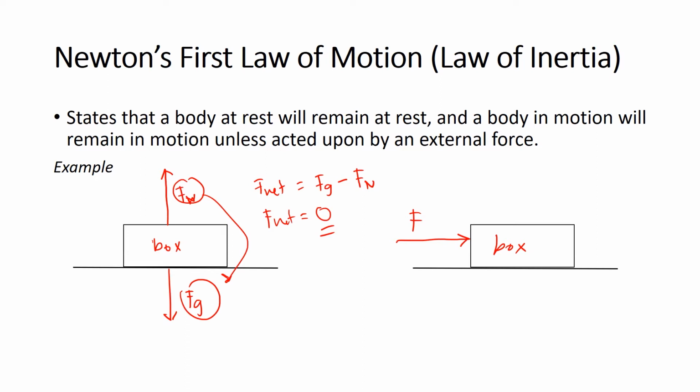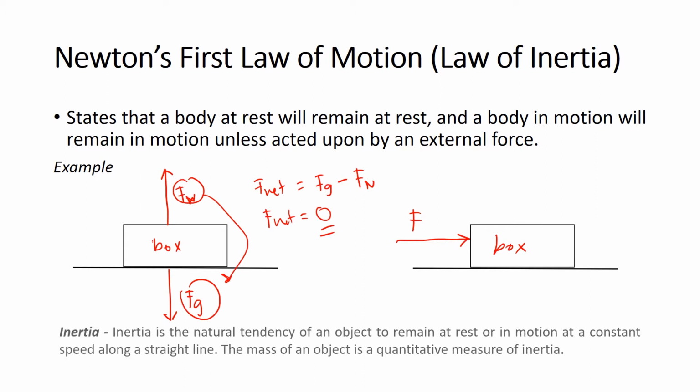And I just want you to know that inertia refers to the mass of an object. In other words, inertia is the natural tendency of an object to remain at rest or in motion at a constant speed along a straight line. The mass of an object is a quantitative measure of inertia.